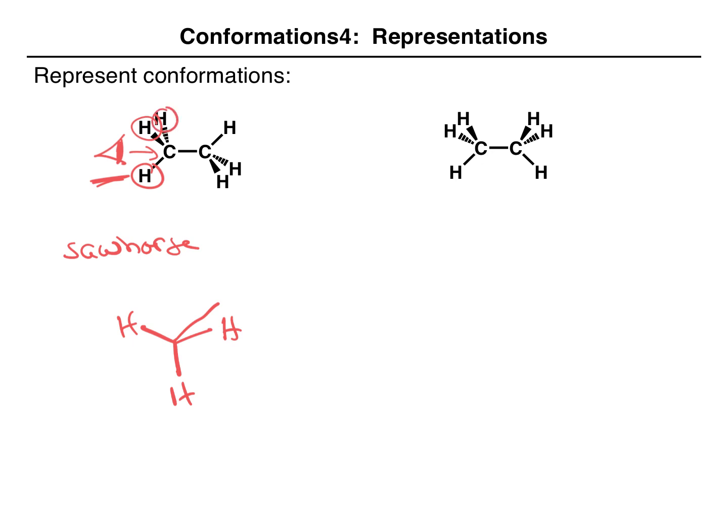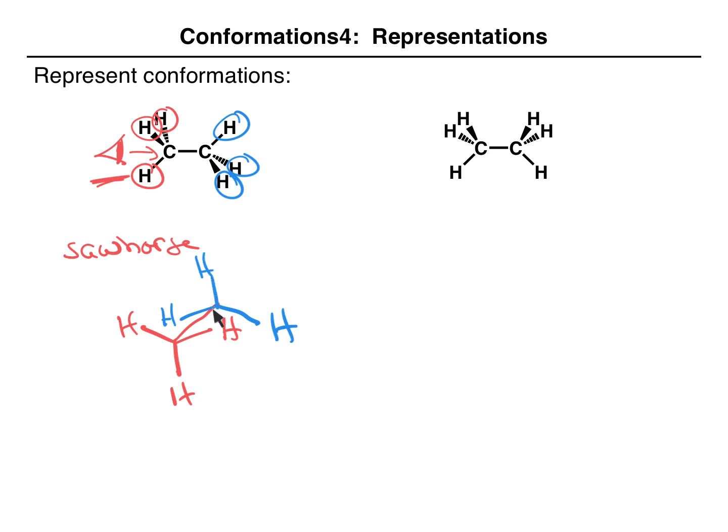And then on the back carbon, we have a hydrogen sticking straight up, this one that is down and to the right, that's this one, which is forward, and then this one going back, that would be over here. So we don't use sawhorse formulas when we're just talking about connectivity. These are specifically used when we're trying to show a conformation.